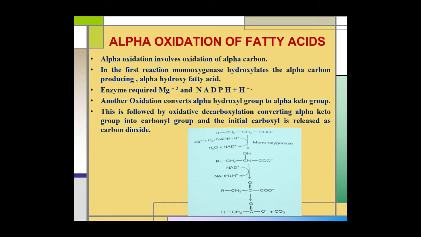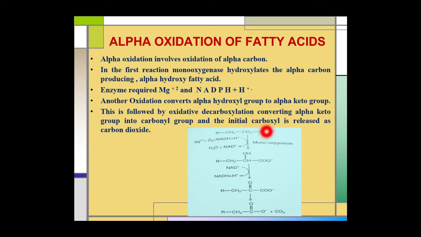Alpha oxidation of fatty acid. Alpha oxidation involves the oxidation of the alpha carbon. This is the fatty acid and this second carbon is the alpha carbon, and oxidation of the alpha carbon occurs.